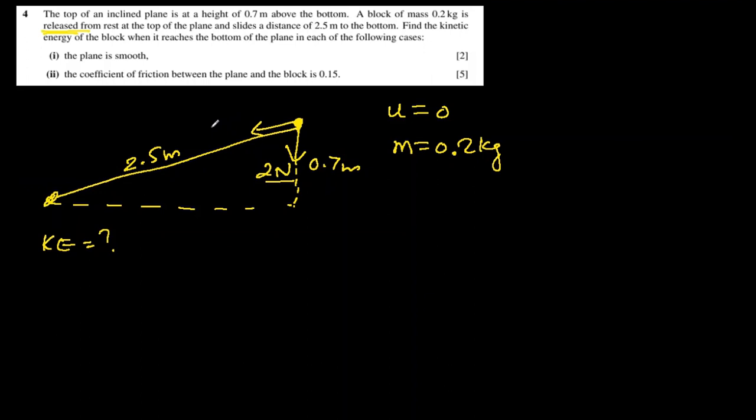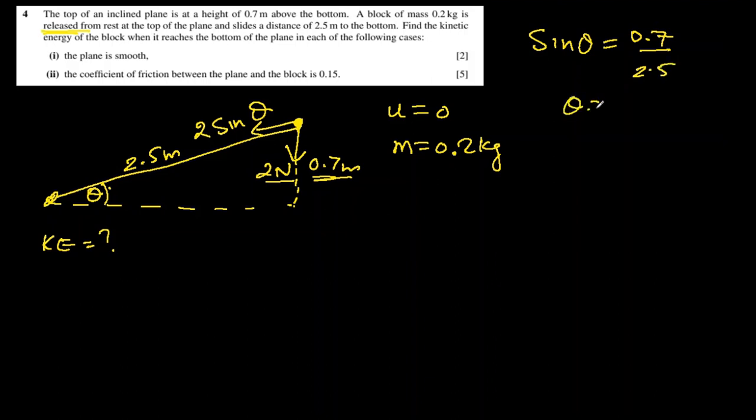So the component in this direction will be 2 sine theta. Let's say this is theta. Okay, let's find theta first. So we know that for this theta we can use sine theta, right? Sine theta is opposite, which is 0.7, divided by hypotenuse, which is 2.5 meters given.